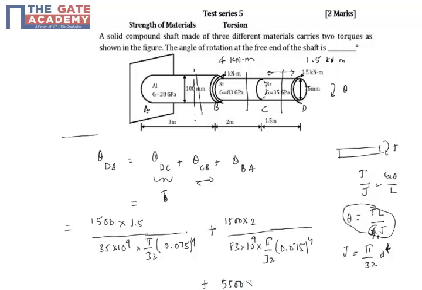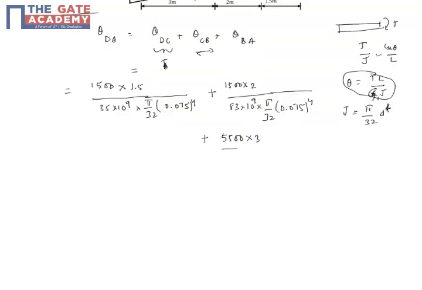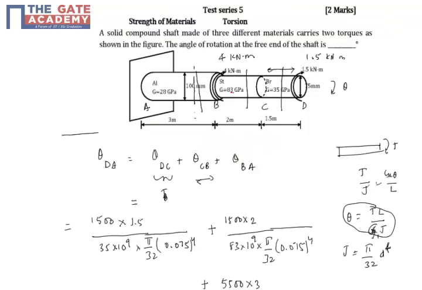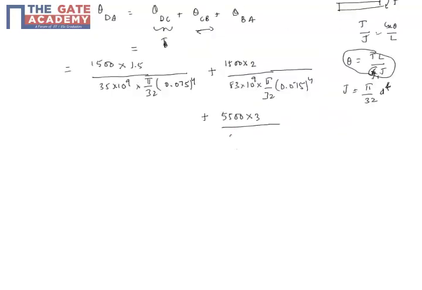That is the total torque, into length 3, divided by G, which is 28 GPa, so 28 into 10 power 9, and the diameter is 100 mm, so 0.1 whole power 4, pi d power 4 by 64.